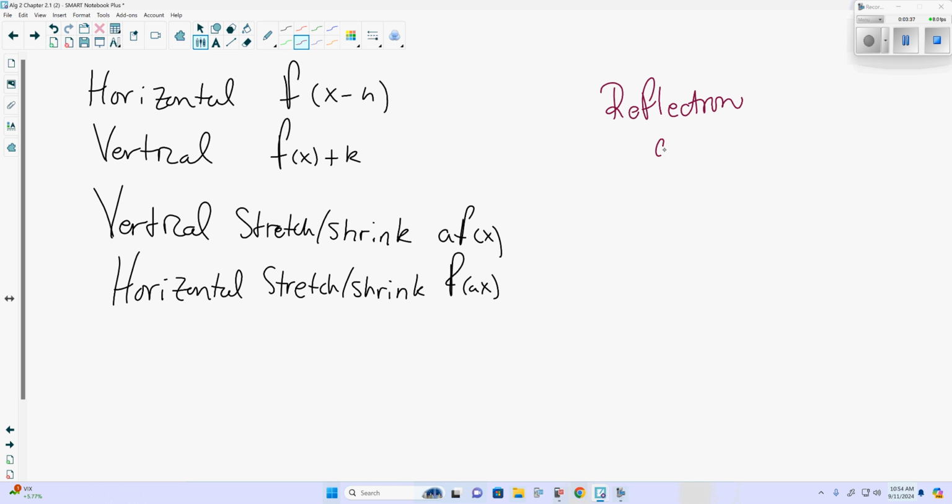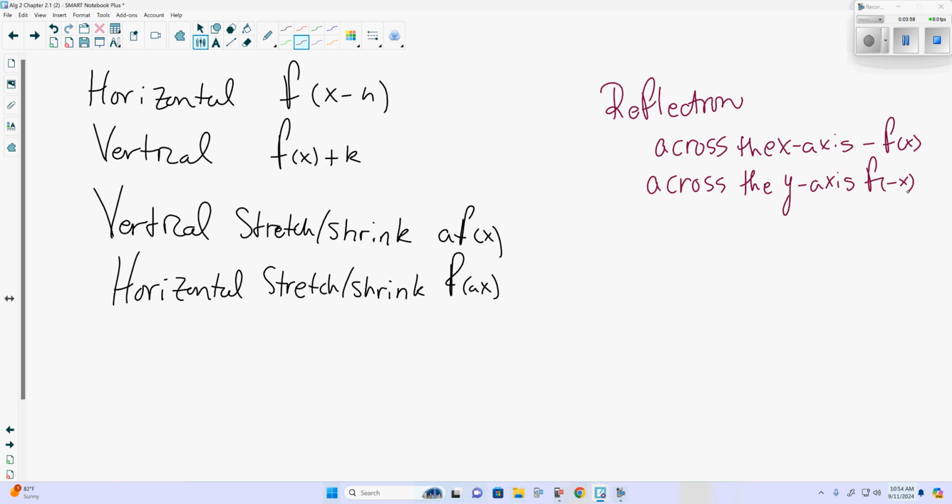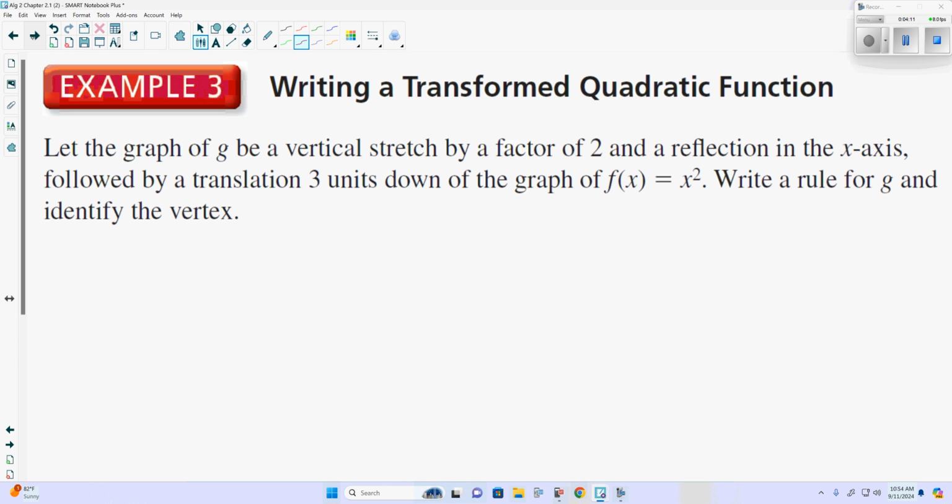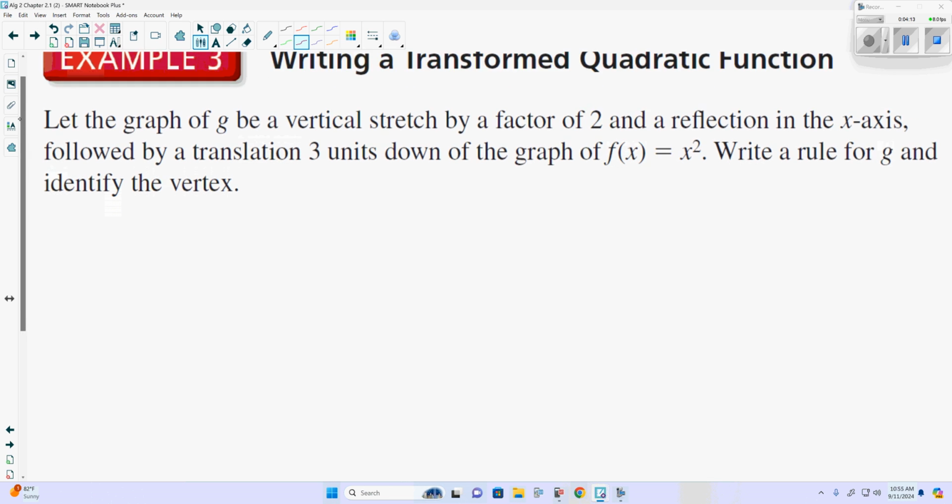Our reflection across the x-axis is negative f of x, and across the y-axis is f of negative x. And we had these six for applying transformations, and really that's what we're going to be looking at today, is applying these transformations to our functions.